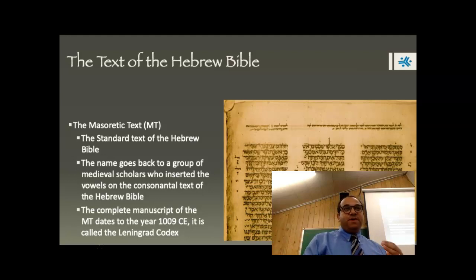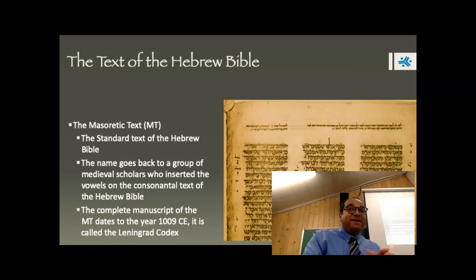We try to use BCE and CE because they are more open to interreligious contexts, especially with people who do not accept Jesus as Lord. Right? So think about this. The complete manuscript of the Old Testament that we have that has the vowels on it goes back to the 11th century CE.